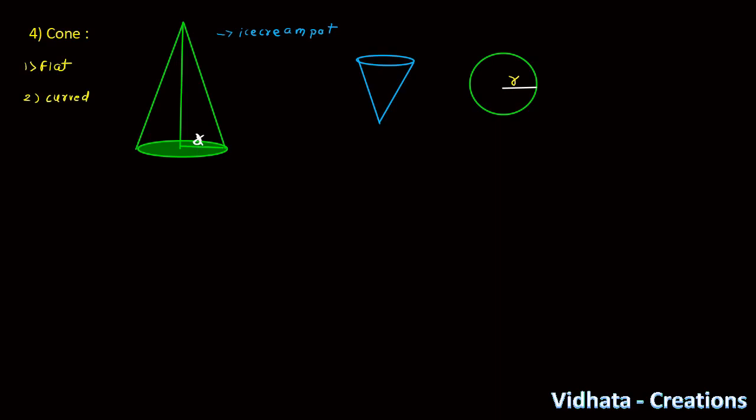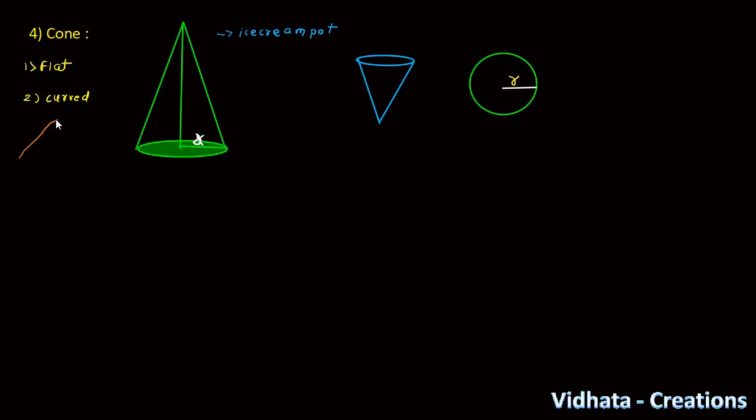Now, here is one more interesting thing which you must see. In the case of this cone, if I ask you what is the height of the cone, you will be surprised. Here you are able to see this is also height or this is also height.